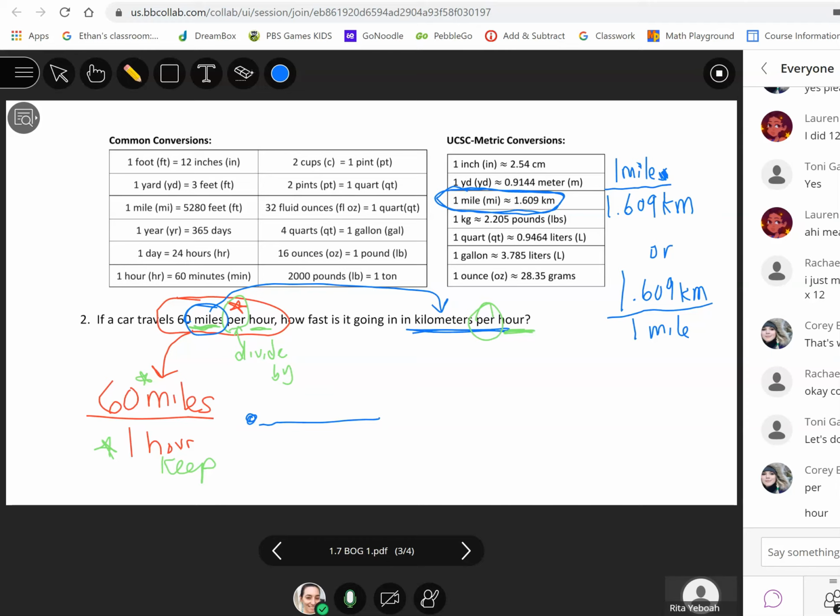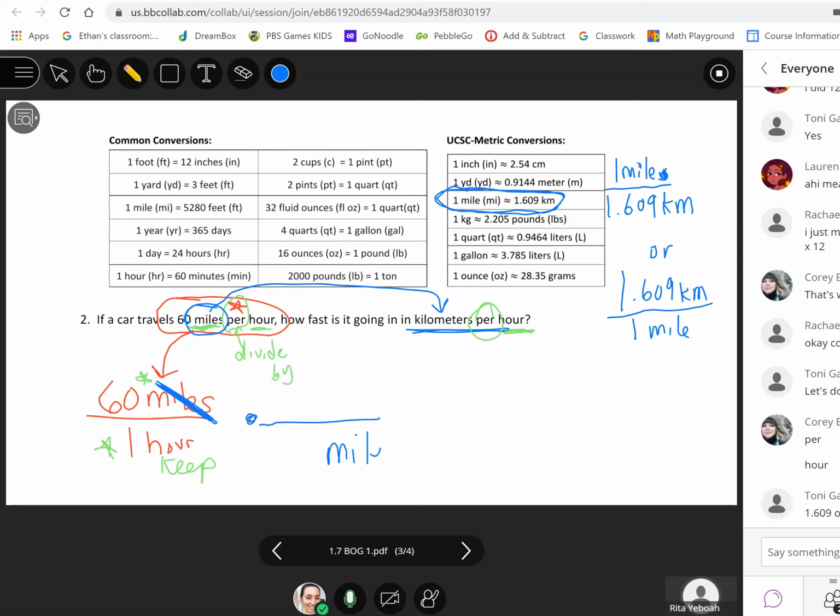You just have to decide which one of those you need given your starting amount, okay? So remember, I'm wanting to get rid of miles. Miles are on top, so I need to pick the fraction that would have miles on the bottom.